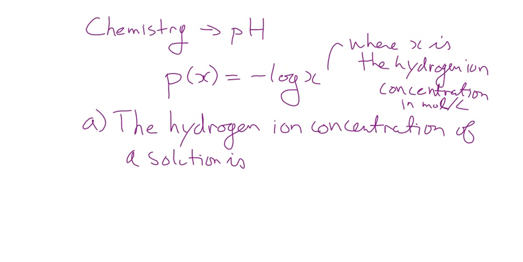It's like 6.28 times something, isn't it? I don't know. It's all just numbers. The hydrogen concentration of a solution is 0.0001 moles per liter. What is its pH? Calculate the pH.